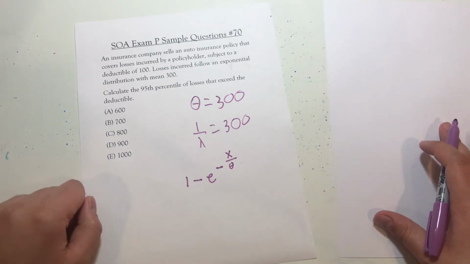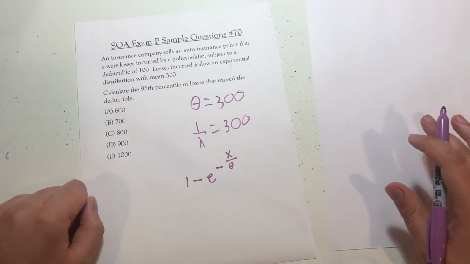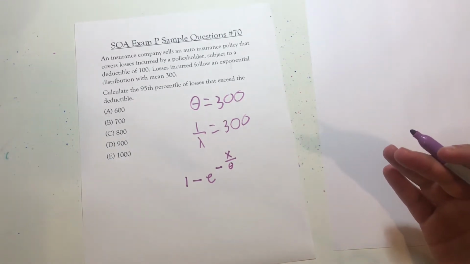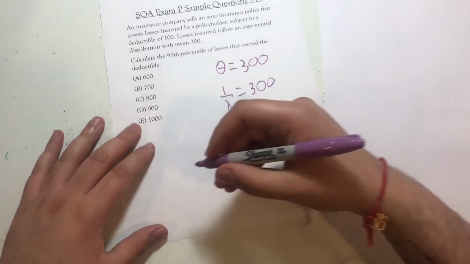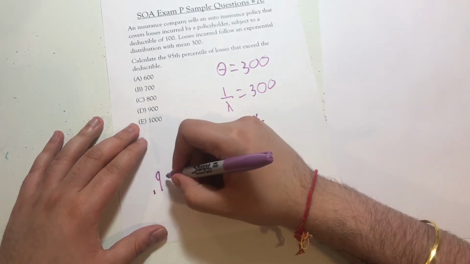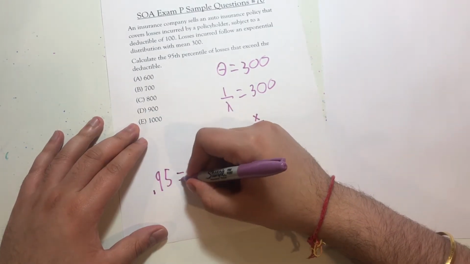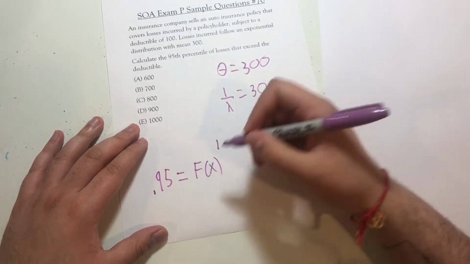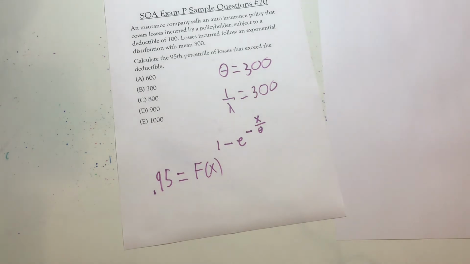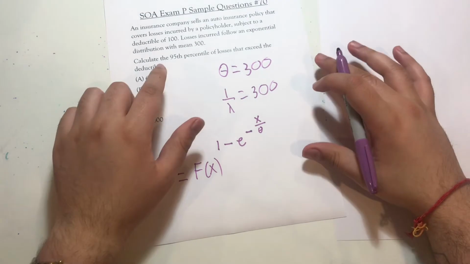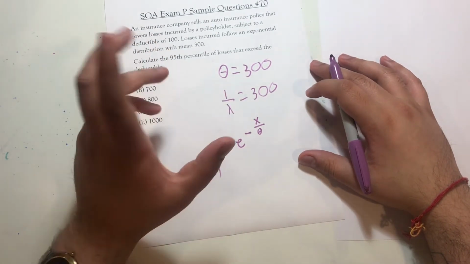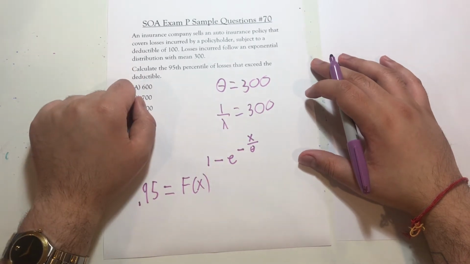We need to calculate the 95th percentile of losses that exceed the deductible. So what would the 95th percentile in general be? Well, that is whatever value causes your CDF of whatever you're looking at to be 0.95. However, we're not exactly asked to find the CDF. We're asked to find the 95th percentile of losses that exceed the deductible, on the condition that we're essentially greater than 100.